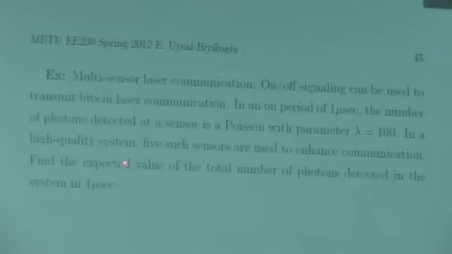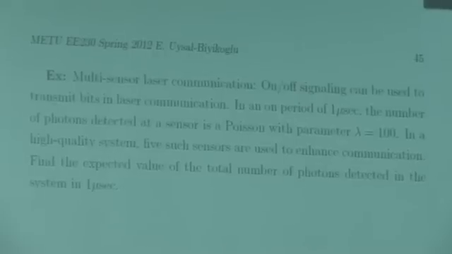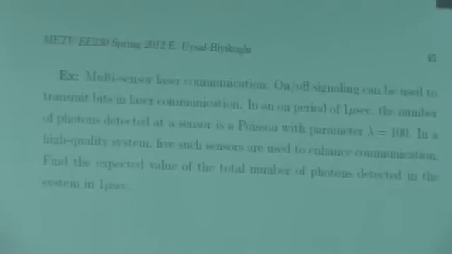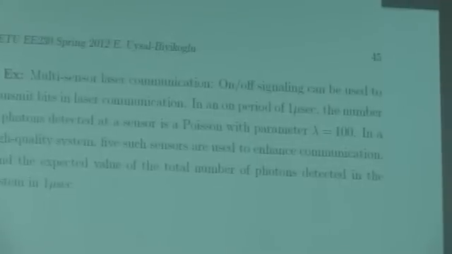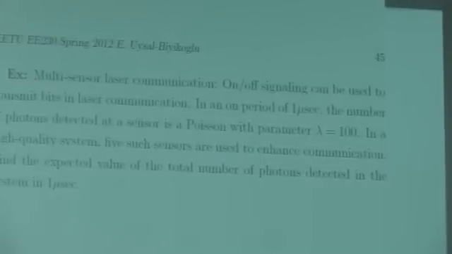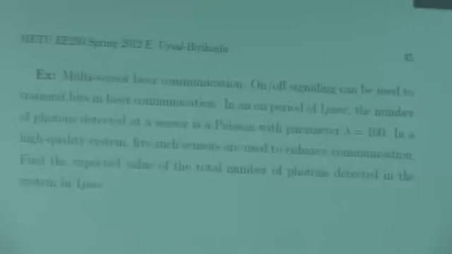In a high quality system, in order to improve detection performance, 5 such sensors are used to enhance communication. What is the expected value of the total number of photons detected by 5 identical sensors? In that example, we have x1, x2, x3, x4 and x5.